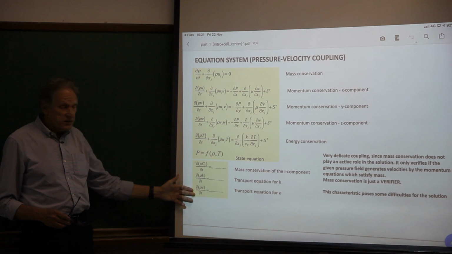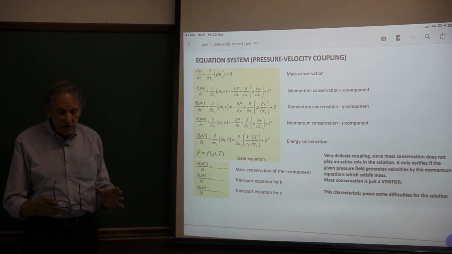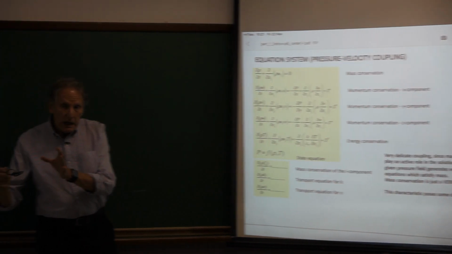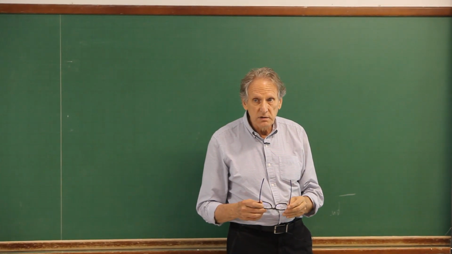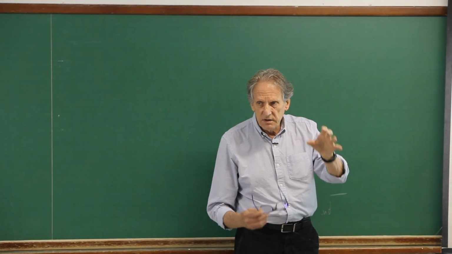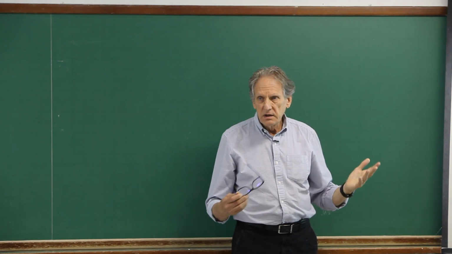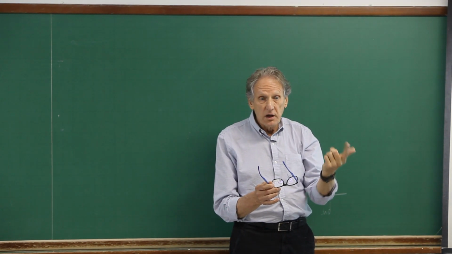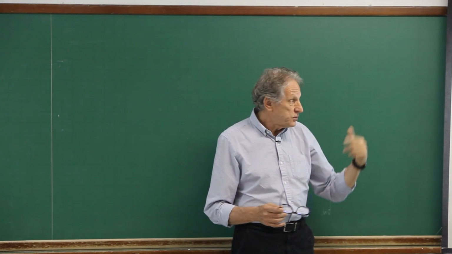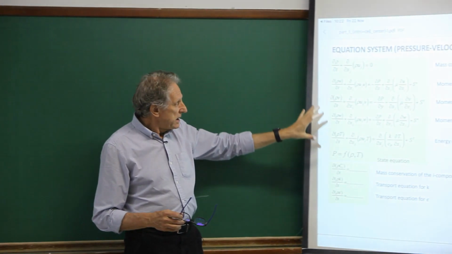But all the rest are partial differential equations, and the integration of the equation will give us a linear system to be solved. Now you can play with this linear system. What are we going to do with that? Solve it, put it all together, solve it simultaneously, or segregate it. That's what we are going to see right now.